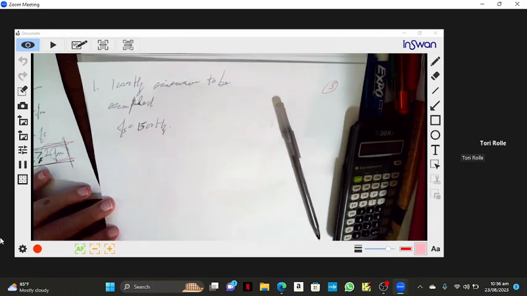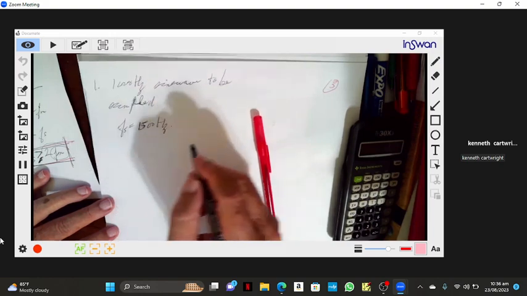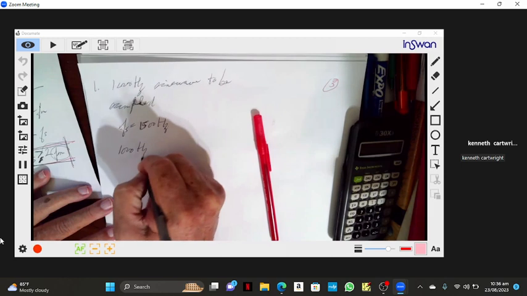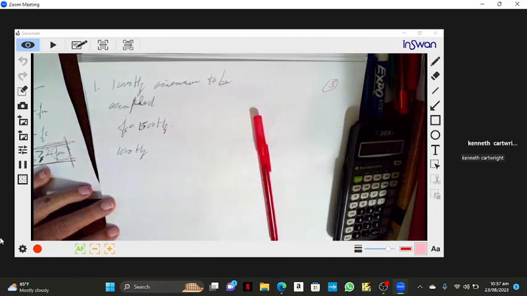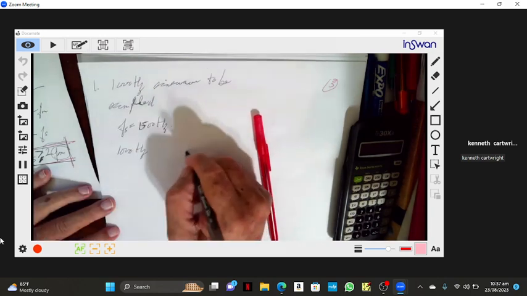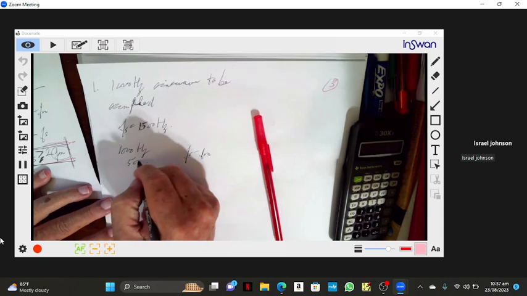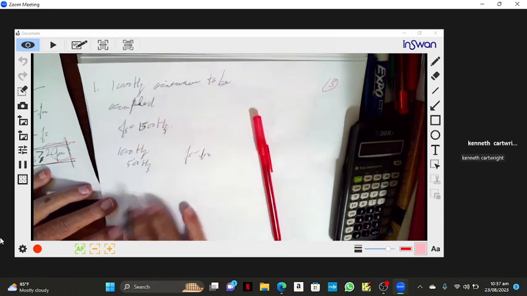FS minus FM. Well, let's begin with FM. That's 1,000 hertz. FS minus FM is 500 hertz.